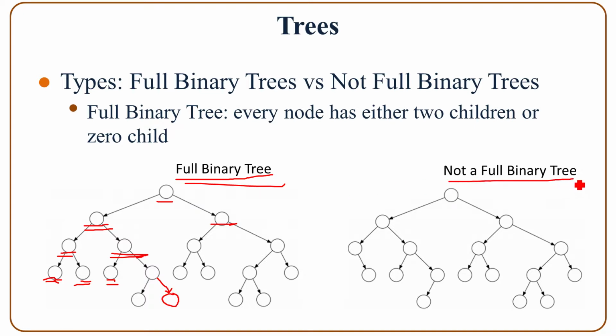The example on the right, look at it, we can see that with this case, this node has only 1 child. So it is not a full binary tree.